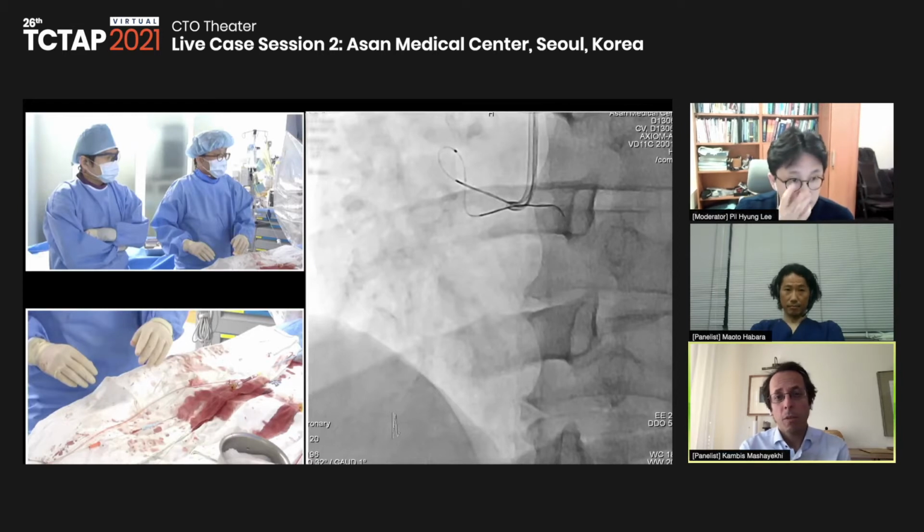That makes me think a little bit about whether I feel really comfortable with 7 French, or if I should rather step up to 8 French from the beginning if I do an IVUS controlled puncture. It depends a little bit on the devices you have, which IVUS you have.